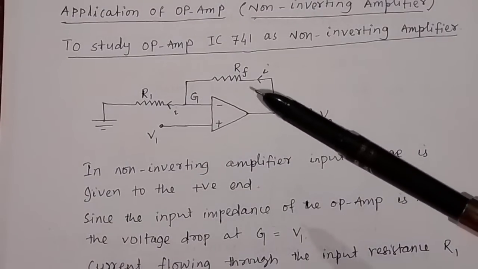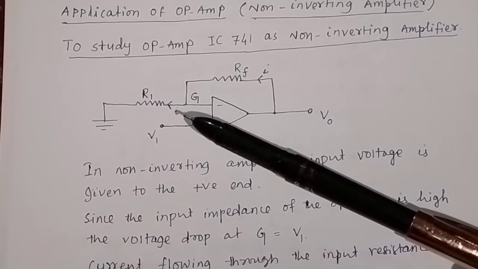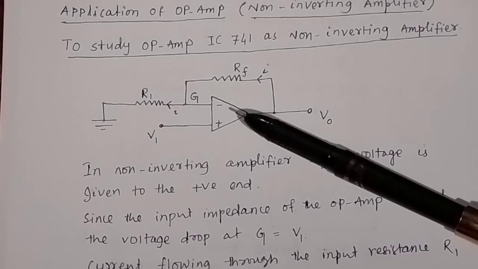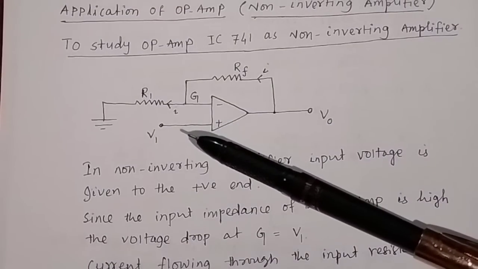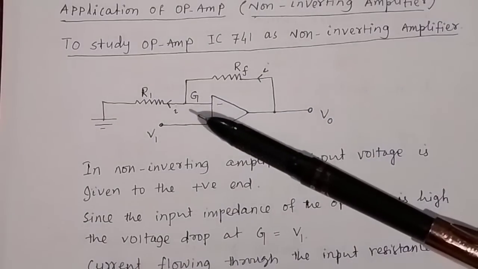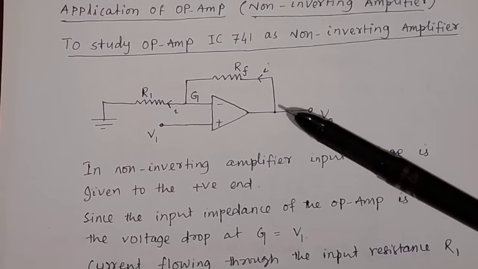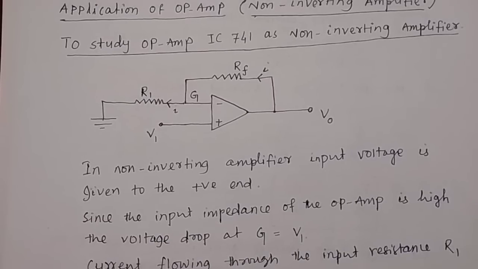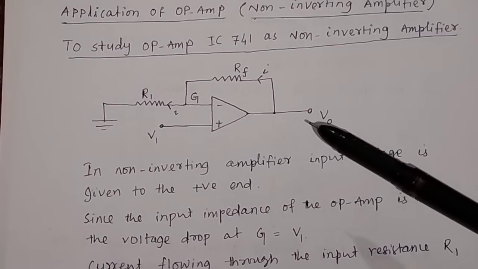So you divide the feedback resistance by the input resistance, and 1 plus Rf divided by R1, you can calculate it, and that must be equal to the voltage gain, that is output voltage divided by input voltage. If the value of 1 plus Rf divided by R1 is equal to output voltage by input voltage, then this is a study of the operational amplifier as a non-inverting amplifier. And we will verify it in the experiment in the next video.